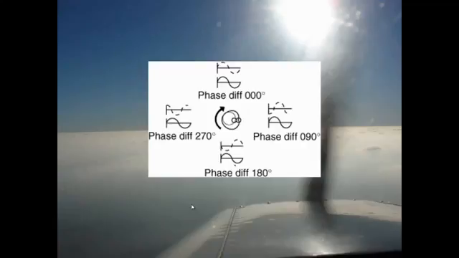This is just a picture just to demonstrate. You can see here the top image. On each of the images we have a dotted line and a solid line. The dotted line at the top is the vary phase signal, and you can see that although the vary phase signal and the reference signal, which is the solid line, are in phase to start with, as we move clockwise around to the right we get to 90 degrees.